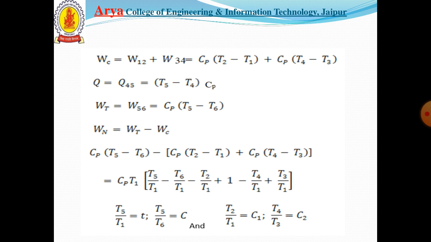Again, taking Cp and T1 common: T5 upon T1 minus T6 upon T1 minus (T2 upon T1 minus 1 plus T4 upon T1 minus T3 upon T1).